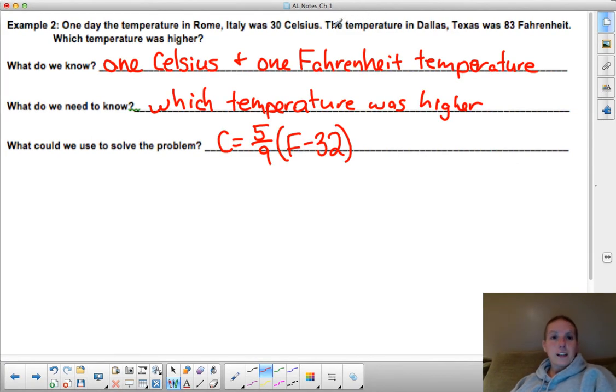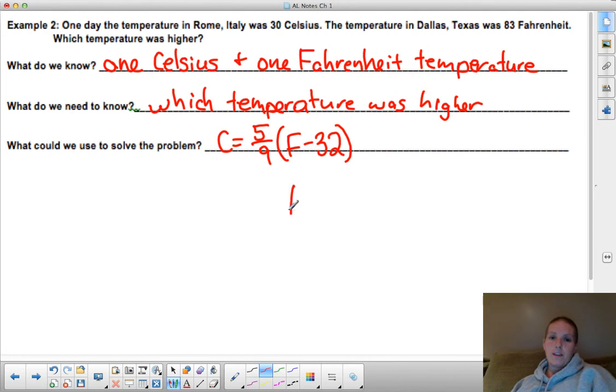Hopefully you did in fact pause it, because now the answers are up on your screen. And what do we know? We know one Celsius and one Fahrenheit temperature. We need to know which temperature was higher. And we're going to use the formula C equals 5/9 times the quantity F minus 32, or degrees Fahrenheit minus 32.